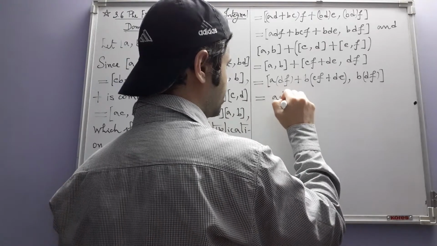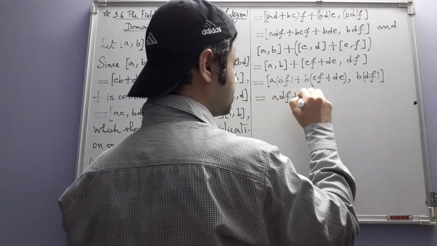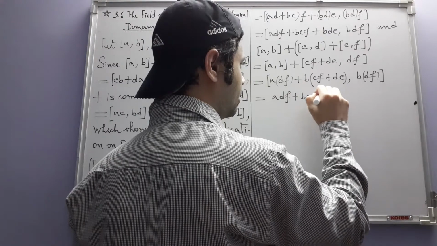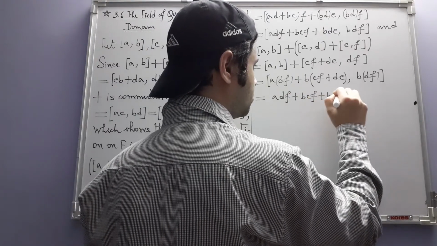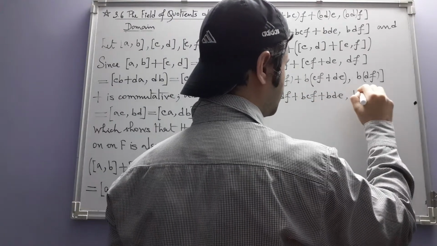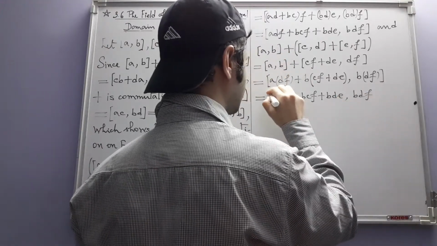Again, this can be written as (adf plus bcf plus bde, bdf).